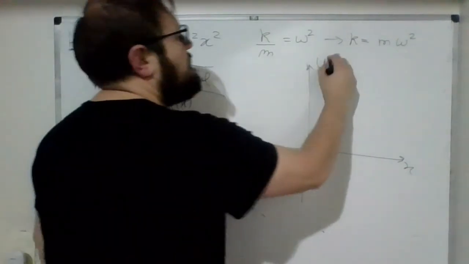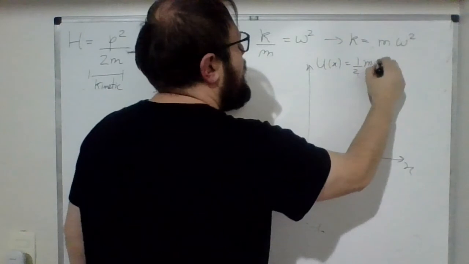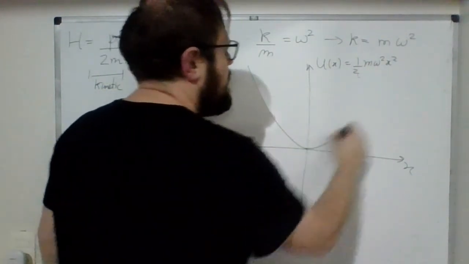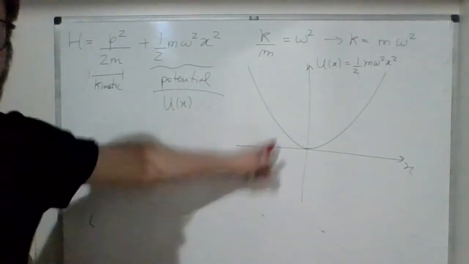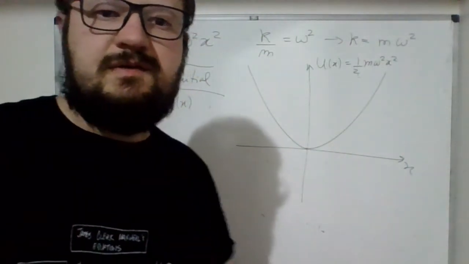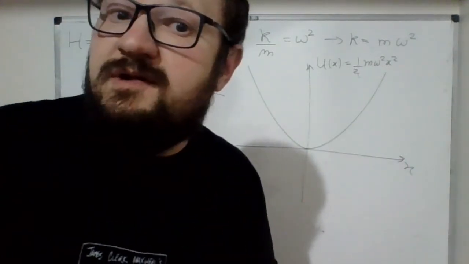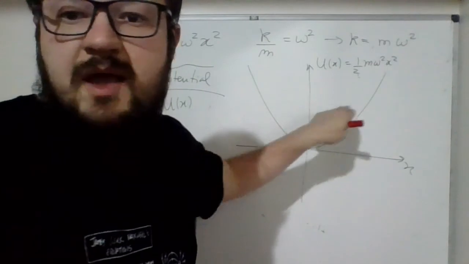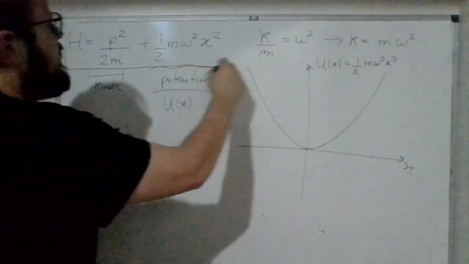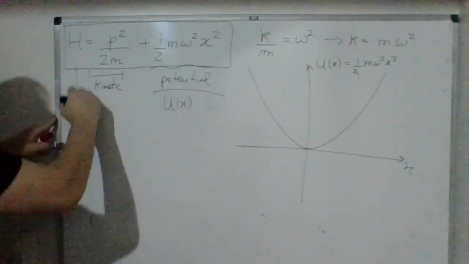U of x is just equal to 1/2 m omega squared x squared, a parabolic potential function. All right, this is what is meant by harmonic oscillator. It's the situation when the potential energy is described by a parabolic function. All right, so this is the Hamiltonian we are trying to deal with. So how do we quantize this problem?